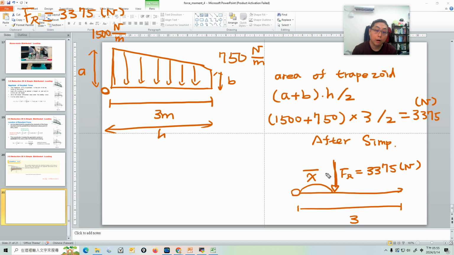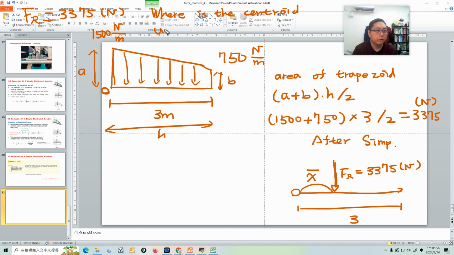I call it x bar. We have to determine x bar, where the force is located. Previously we concluded that the resultant force is located at the centroid of the area under the curve. So the next thing is to find where the centroid is.